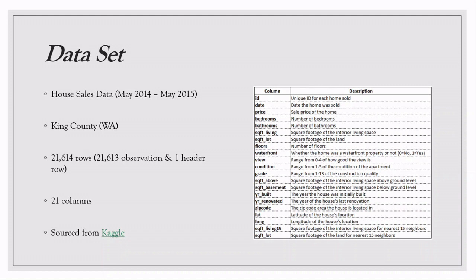Our data set had 21,613 unique observations, or sale records, and 21 variable columns that you can see in the table on the right. The last two columns, square foot living 15 and square foot lot, were added by the original contributor of the data set, after performing k-nearest neighbors with the closest 15 neighbors to the data point. Since this analysis was already done beforehand, we excluded these columns in our project.